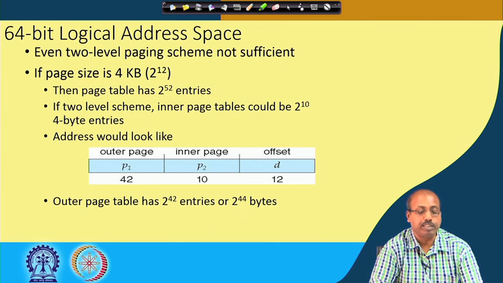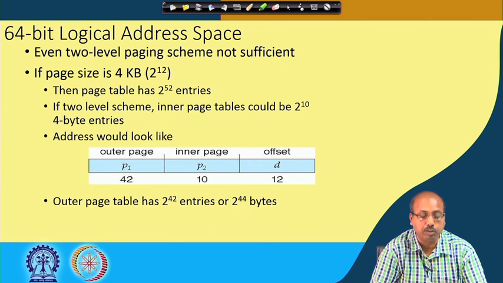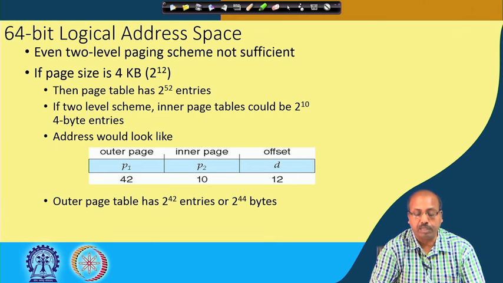Even if we assume that page size is say 4 kilobyte, the offset part will have 2 power 12, so 12 bits. Because the total logical address is 64 bit, out of that 12 bit is taken as offset within the page. The remaining 52 bits identify the page number. So, the page table has got 2 power 52 entries in it.